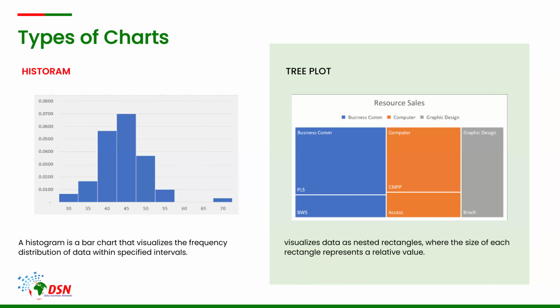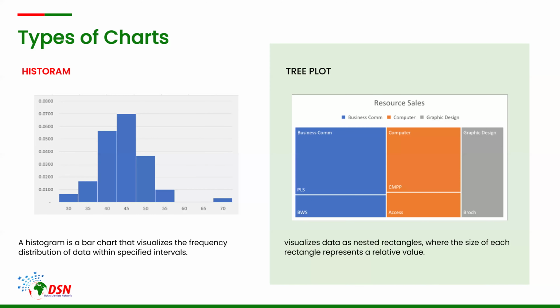So we have a tree plot. A tree plot is another kind of visualization. This allows us to see the volume of a particular data, like how much of this value is in this column. So we have a resource sales here. This tree plot is comprised of rectangles, like nested rectangles stacked all together.